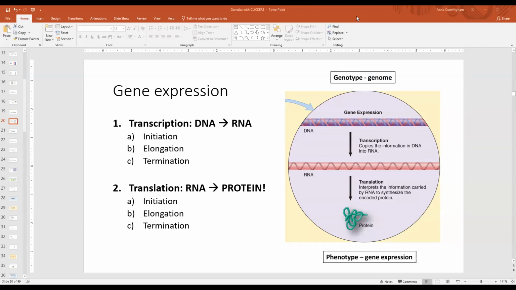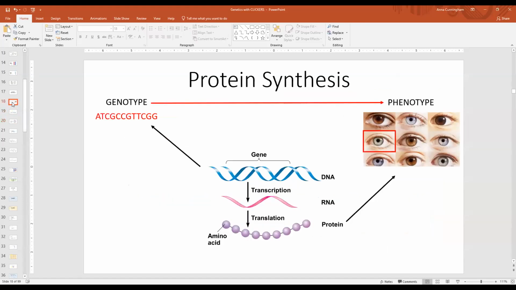Okay, so we left off on Tuesday talking about protein synthesis, right? So what we're trying to do is figure out how we can go from genotype, the nucleotide sequence that we have in our DNA, and turn that into a phenotype. And remember, phenotype is the physical manifestation of that nucleic acid sequence.